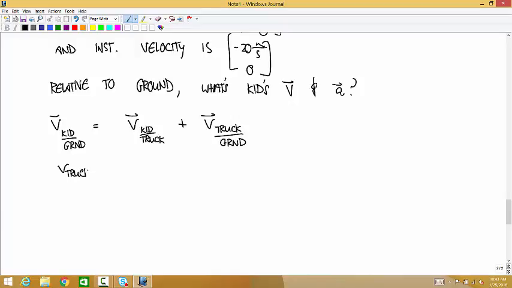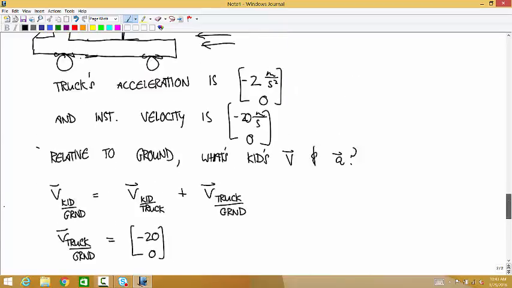The velocity of the truck relative to the ground is, that's given, negative 20, 0. The velocity of the kid relative to the truck is omega cross r.